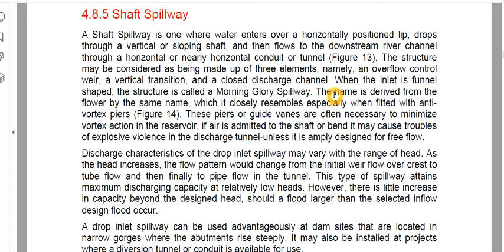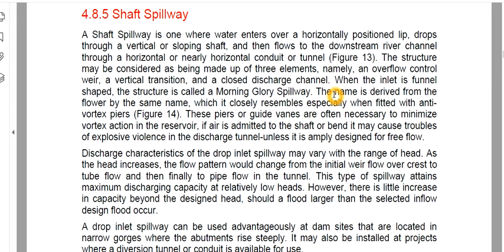Now, when the inlet is funnel shaped, then the entire spillway is known as a morning glory spillway. So what is the morning glory?